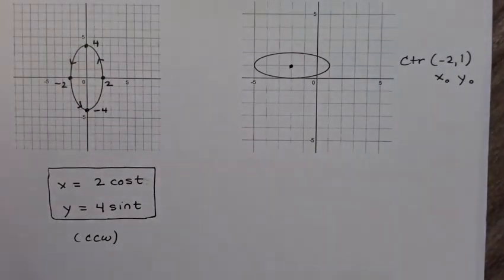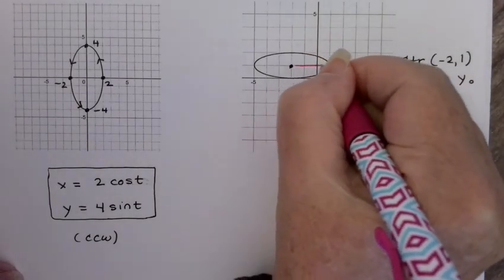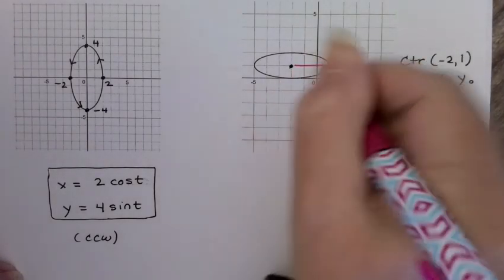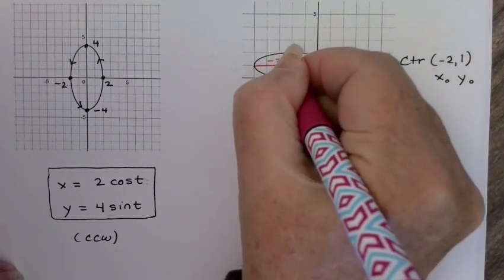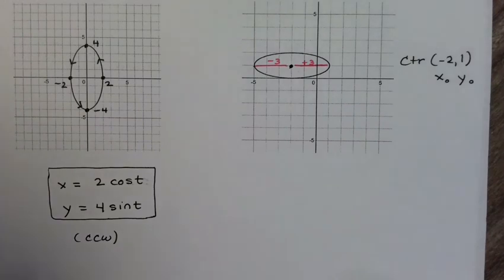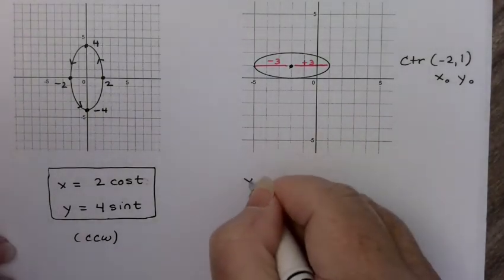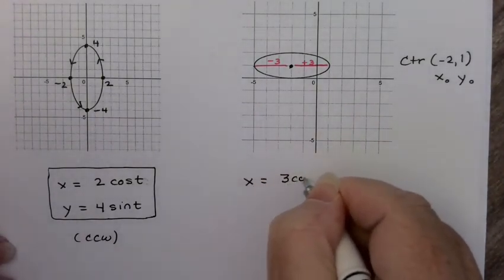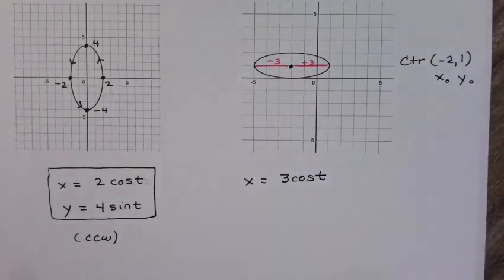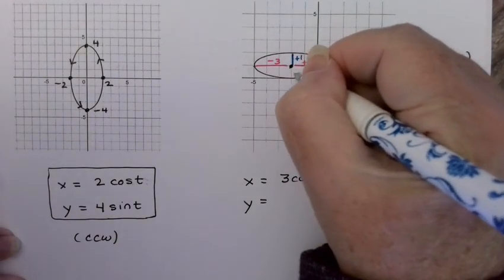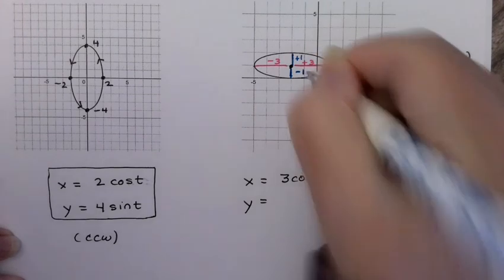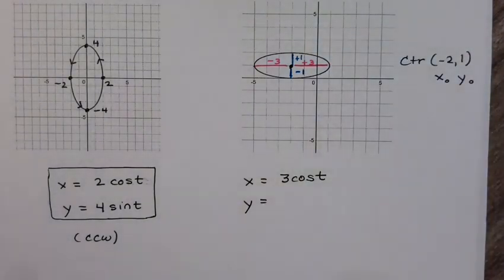That said, notice that counting from the center, the x values go +3 and -3 from the center. So I'm going to start with x is equal to 3 cosine t. Again, counting from the center, the y values go up 1 and down 1. So y is going to be just 1 sine t.